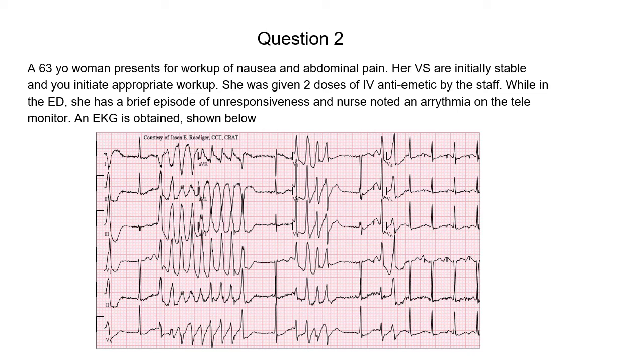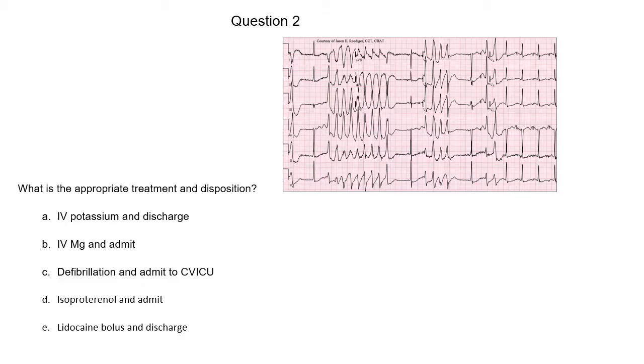While in the ED, she has a brief episode of unresponsiveness, and the nurse noted an arrhythmia on the telemonitor. So you get an EKG, and this is the EKG. Pretty abnormal, huh? So the question for this one is, what is our appropriate treatment and disposition?